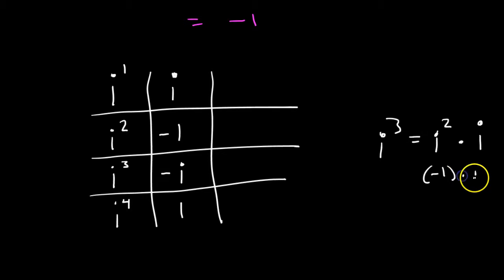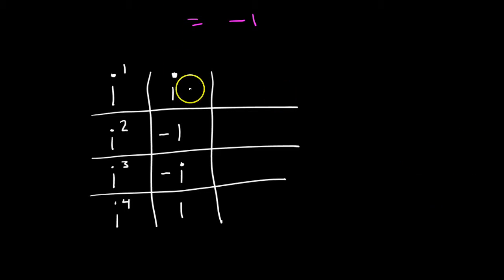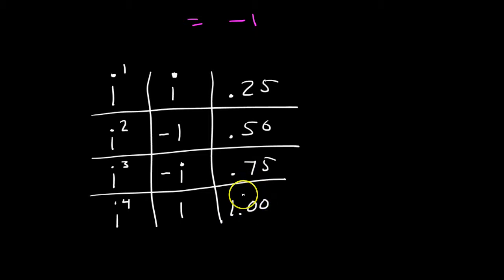That's -1 times i, or simply -i. Now in the 3rd column, I think about money. 1 quarter is 25 cents. 2 quarters is 50 cents. 3 quarters is 75 cents. And 4 quarters is 1 whole dollar.